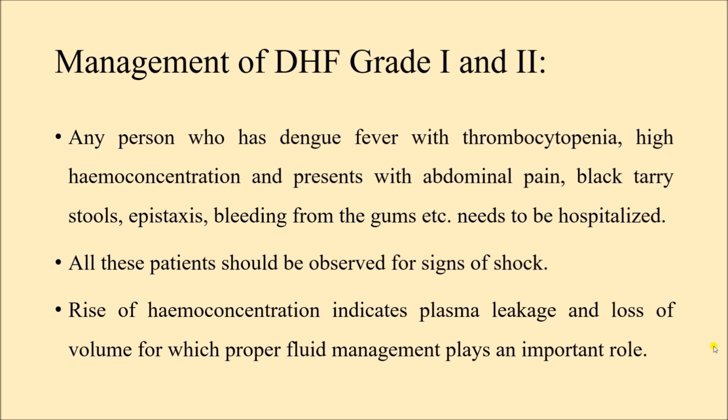What about the management of dengue hemorrhagic fever grade 1 and grade 2? Any person who has dengue fever along with thrombocytopenia and high hemoconcentration, that means the hematocrit level has increased, and also abdominal pain, black tarry stools, epistaxis, bleeding from gums, etc., so hemorrhagic manifestations, needs to be hospitalized immediately and observed for any signs of shock.